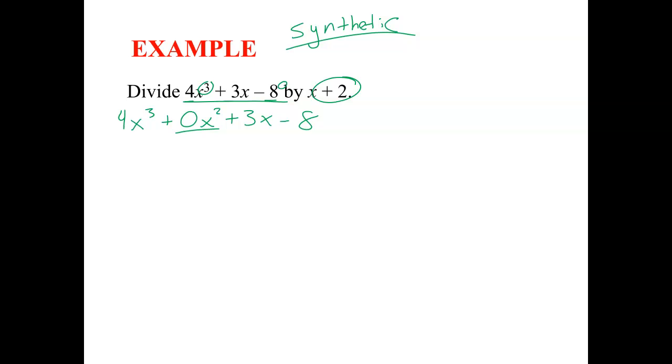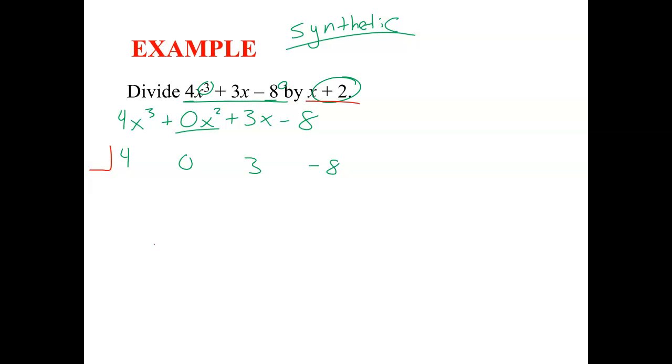That placeholder is very important. Add in that 0 so that we still have that squared term. And then now we're just going to get rid of all of the variables and the exponents, and focus on the coefficients and the constants. So we strip those out, and then we're going to focus on something else.